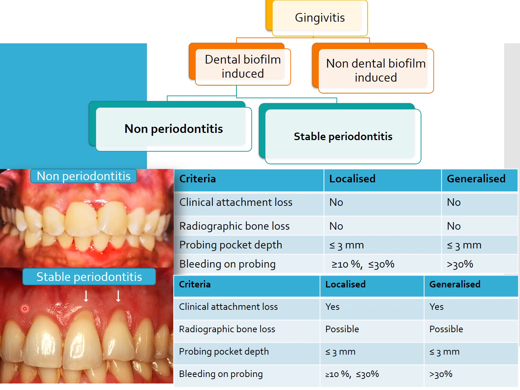When we come to stable periodontitis, there is a reduced periodontium, there is clinical attachment loss, and there will be radiographic bone loss also, but the probing pocket depth will be minimal, that is 2 to 3 mm. Bleeding on probing will be there, localized, 10 to 30 percent, or generalized, greater than 30 percent.